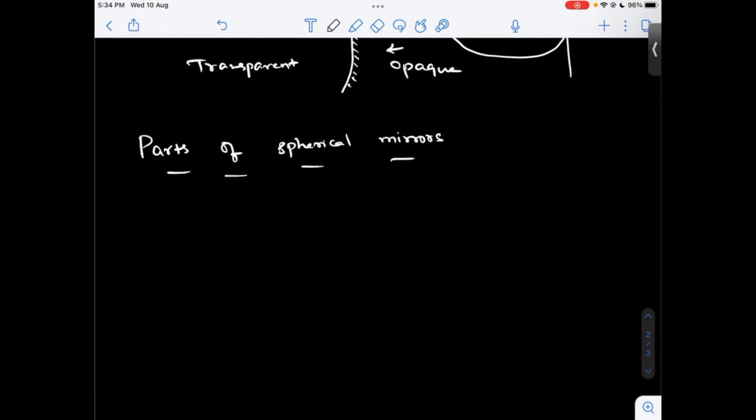So when you take a spherical mirror, basically they can be classified into two types. What are they? One is concave and the second is called convex.